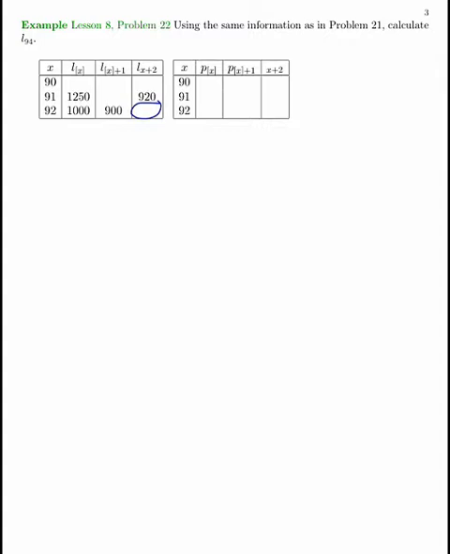Either by looking at the row with x equal to 92, or at the column Lx plus 2, because I know that 900 multiplied by a P92 plus 1 will give me L94.